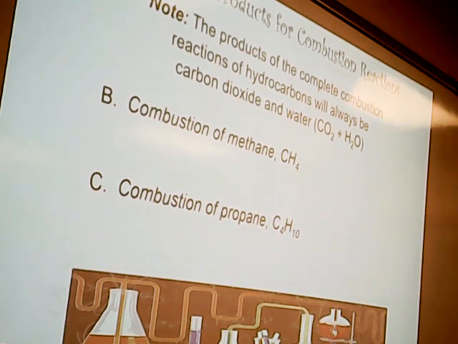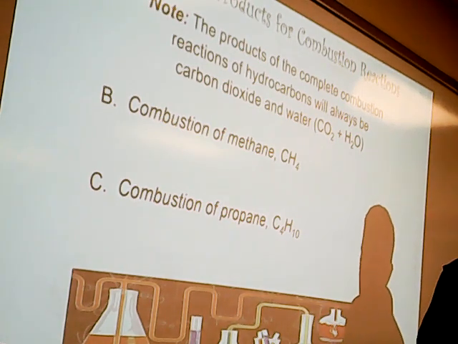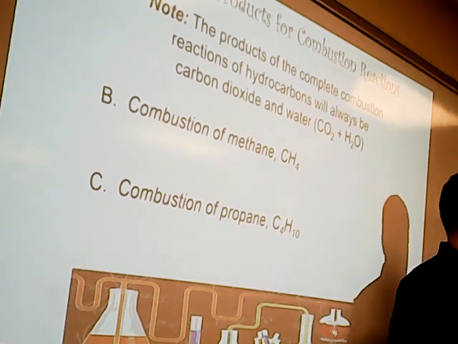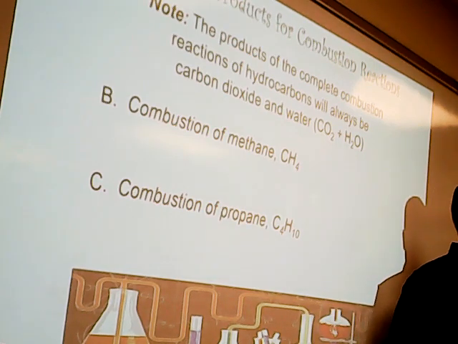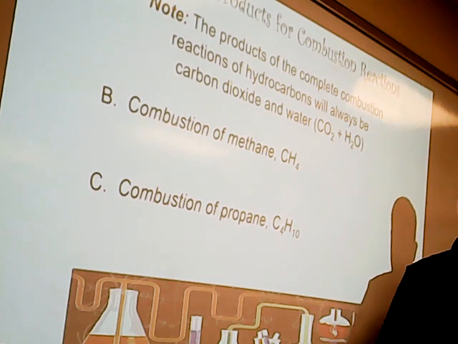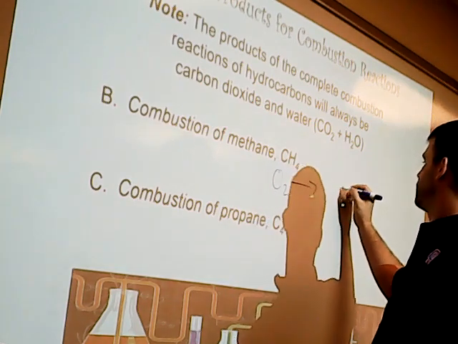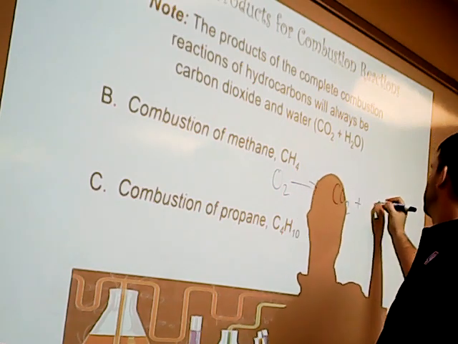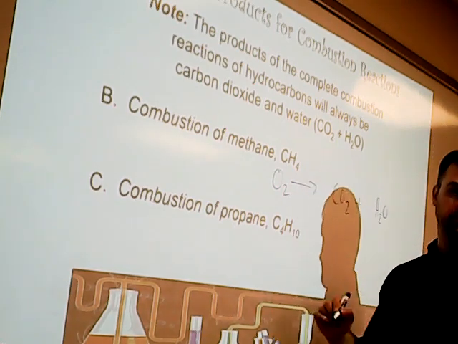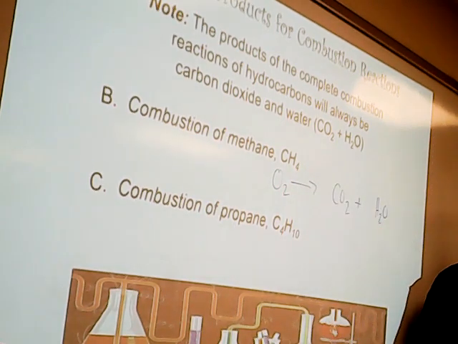Ignite, light, burn, combust. Because all of those words tell you to go to what reaction? Combustion. And with combustion, you know all of the components. What are those 3 components that are implied up here? Oxygen, carbon dioxide, and water.